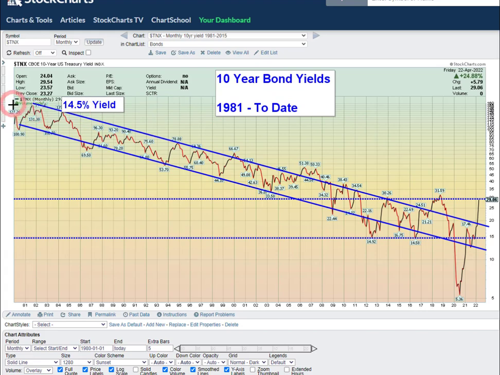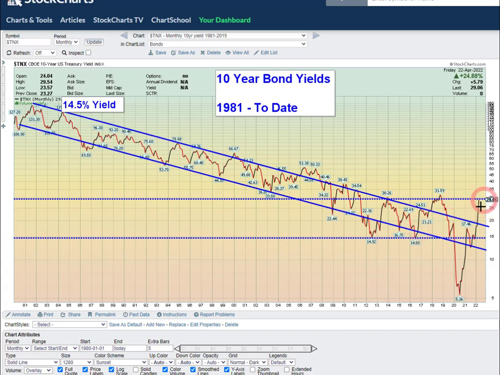That was right back here. And now we've been on the other side of a 40-year mountain in rates, and we've been rolling down the other side. So 40 years from 1940 to 1980, yields were rising, and for the last 40, they've been falling.